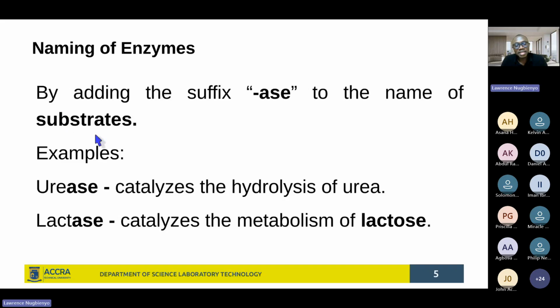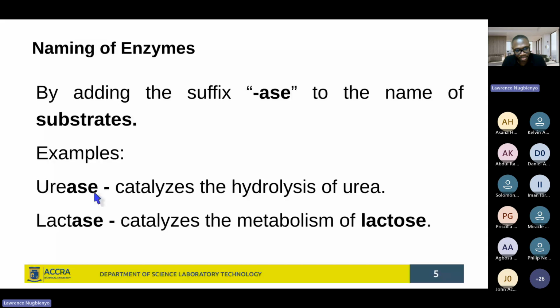One of the ways that enzymes are named is just by adding the ending, this suffix ase, A-S-E, to the name of the substrate on which the enzyme is acting, the compound on which the enzyme is acting. You just add the suffix ase. So for instance, the first example you see here is urease.